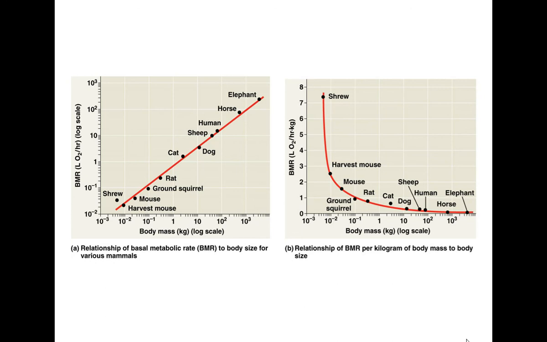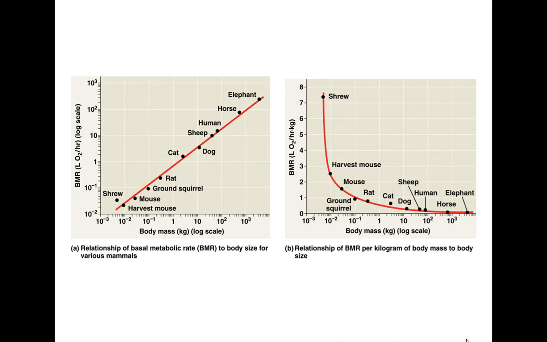On the other side, there's one extra thing on the y-axis, and it's per kilogram of that particular species. So a smaller organism, if I take its mass and divide it into its basal metabolic rate, is going to require more energy to maintain that weight than, say, a harvest mouse, a little bit bigger than that, or say a dog, or a horse, or an elephant.